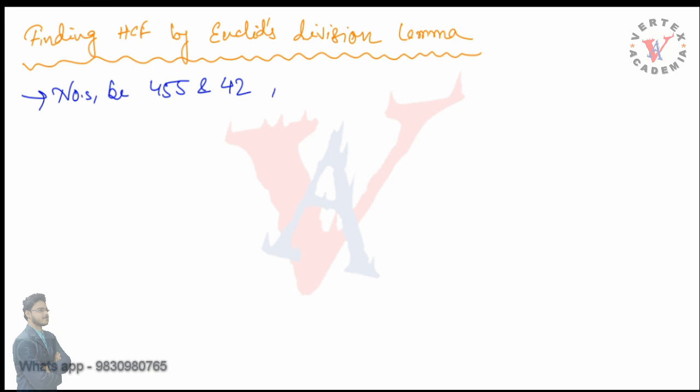So if we are asked to find the HCF, then based on our previous classes, we can find the HCF by the division method. That is, we will do it like this. You all know how to find the HCF of two numbers. So just focus on the steps. From that we will come to the conclusion of how to find HCF by Euclid's division lemma.